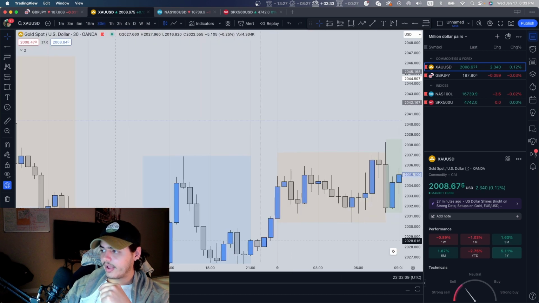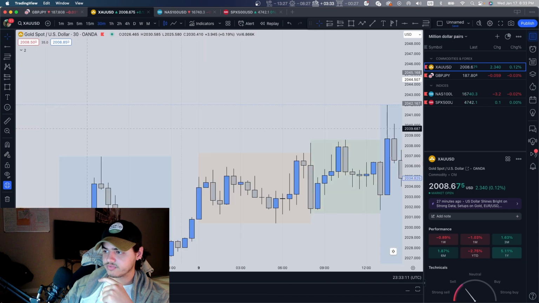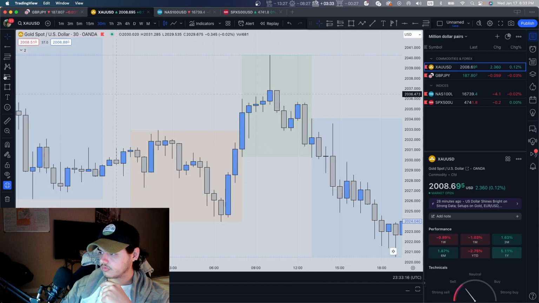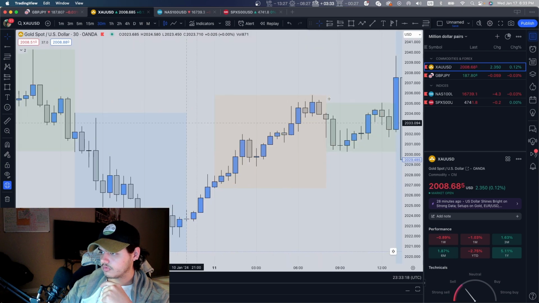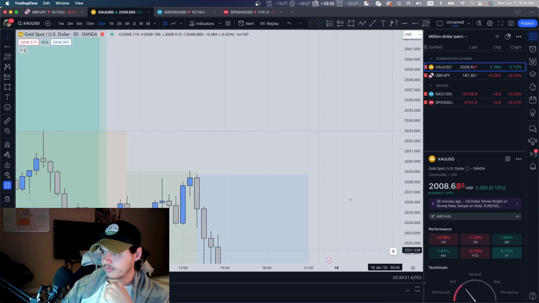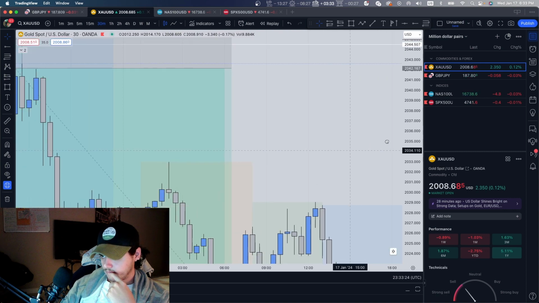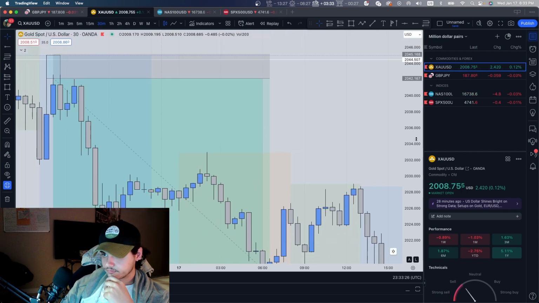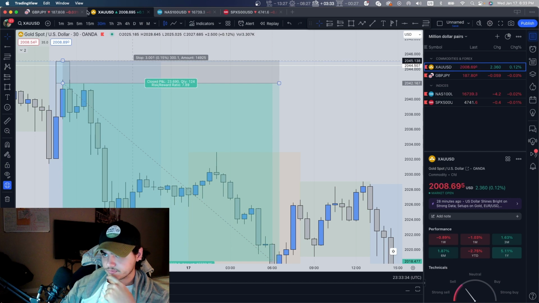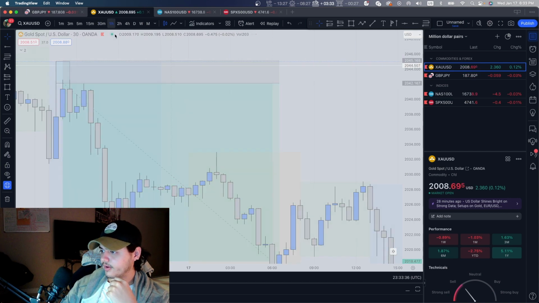Then I place my stops above the liquidity sweep. Liquidity sweep up here, I have my stops right on top of it. 30 pips. What ended up happening?